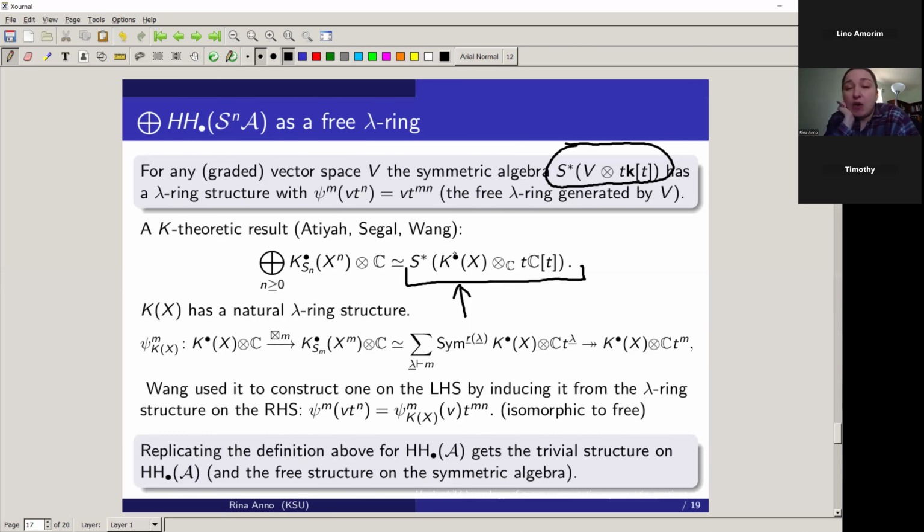However, in our non-commutative situation, we don't have any lambda ring structure on the Hochschild homology of A. But we do still have the free lambda ring structure on the symmetric algebra.